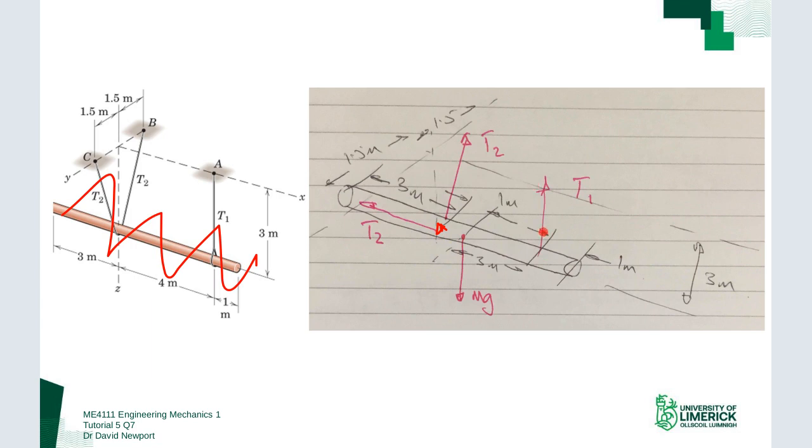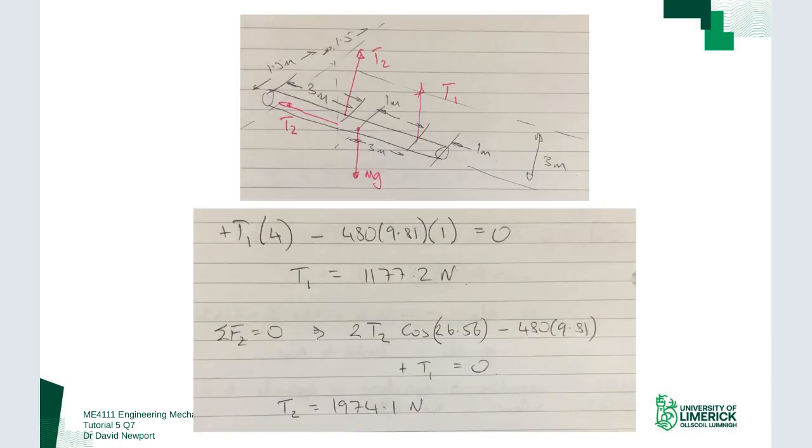And then I'd have T1 going anti-clockwise, so that's positive, T1 times 4, and that would equal 0 because there are no other forces present at that point to cause a moment about that point. That gives me T1 straight out of it. So that was the first thing that I did. I took moments about the location where the lines of those 2 intersect, and straight away T1 tumbles out.